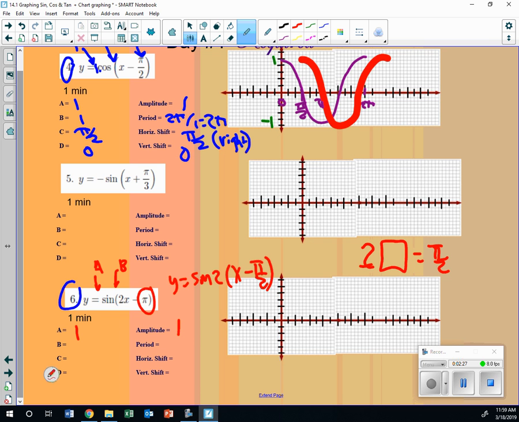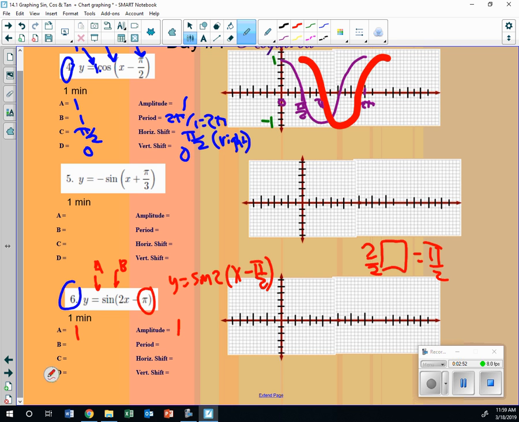If you divide by 2, you're going to get pi over 4 for that shift. No, this was already pi. So I divided by 2, and I get pi over 2. There you go.